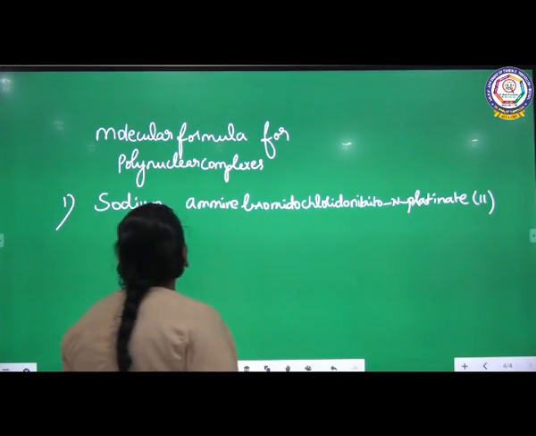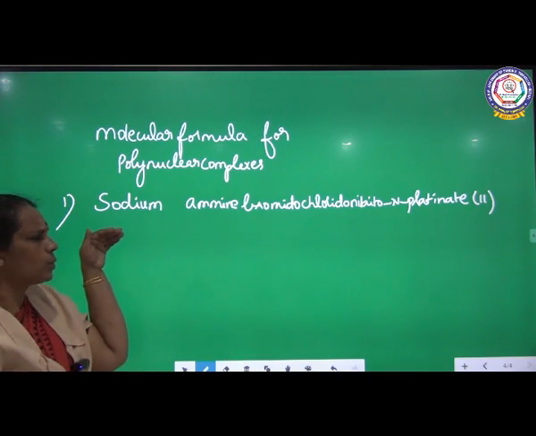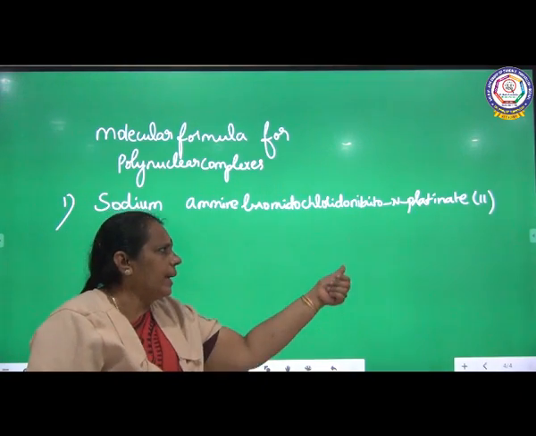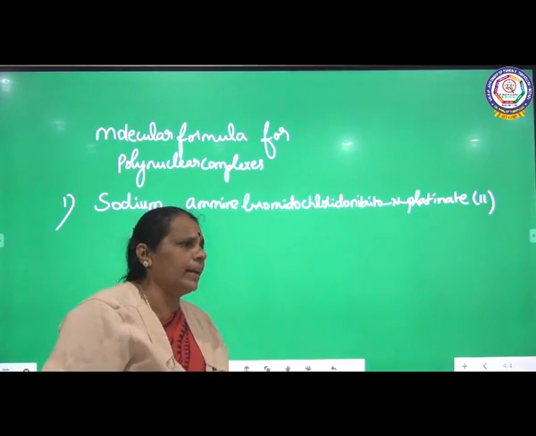So my compound is a polynuclear complex, sodium ammine bromido chlorido nitrito-N platinate(II).